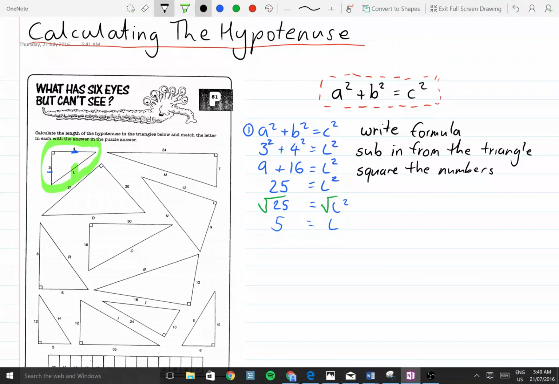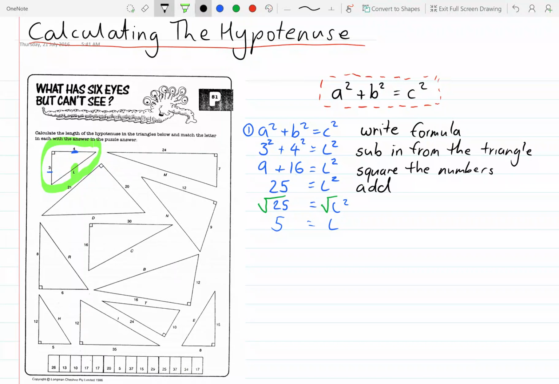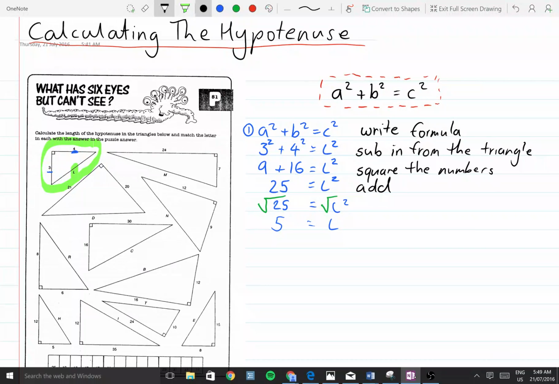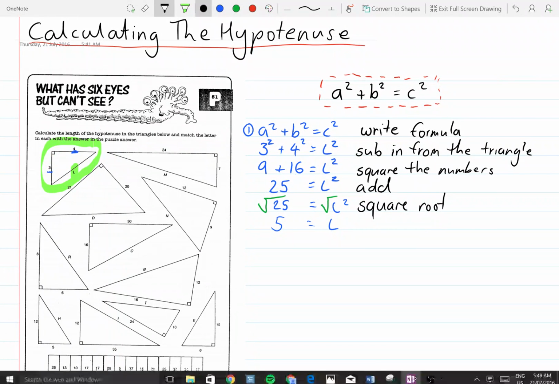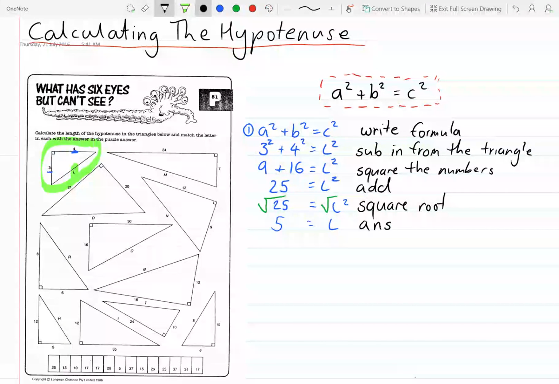Then we add them together to get the 25, but we still have the L by itself. Then we square root. Okay, and then we're left with the answer, which should leave us a little bit of a happy face.